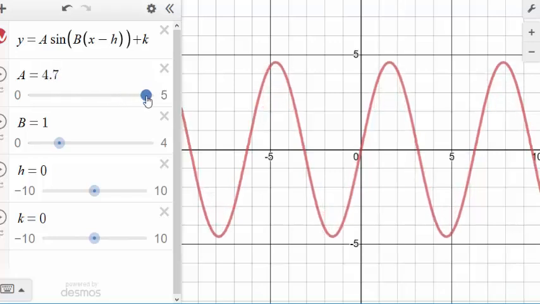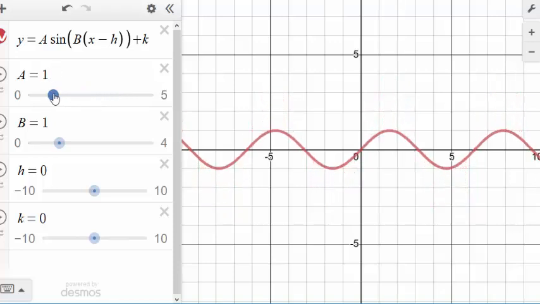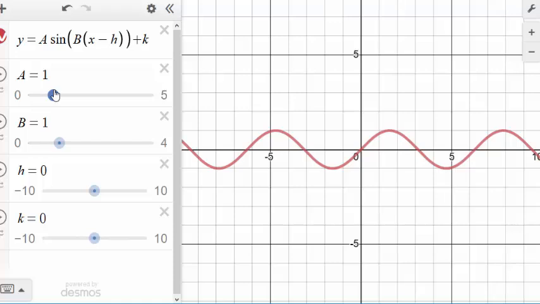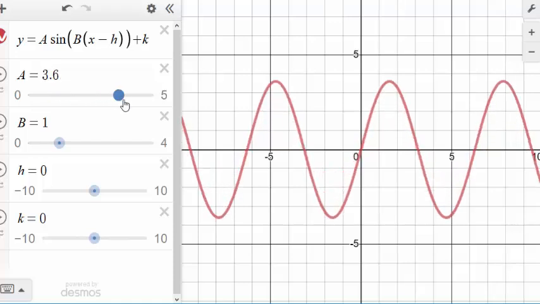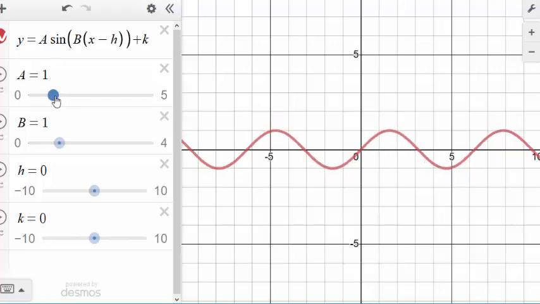It gets really high and really low. But when A is less than 1, like 0.9, it's compressing it. 0.6, 0.5, 0.4, 0.3, 0.2, 0.1, that's a really compressed sine curve. I bring it back to 1, and now it's normal. Make it greater than 1, it's really stretched. So it's easy to see the vertical stretch and the compression.